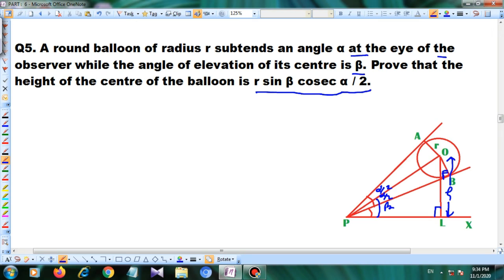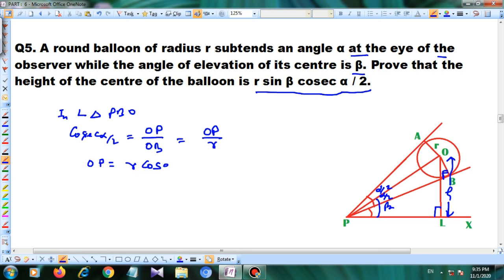So in right angle triangle PBO, cosec alpha by 2 equals, here the angle is alpha by 2, so this will be OP upon OB, which is the radius R. It means the value of OP will be R cosec alpha by 2. This is our first equation.